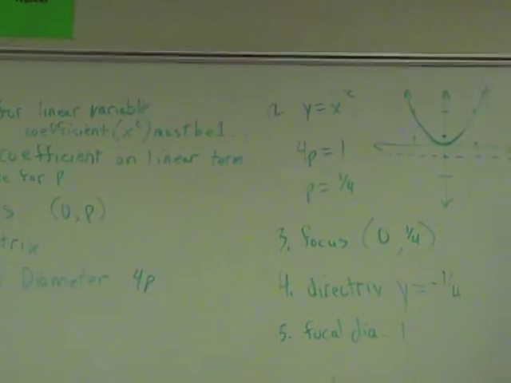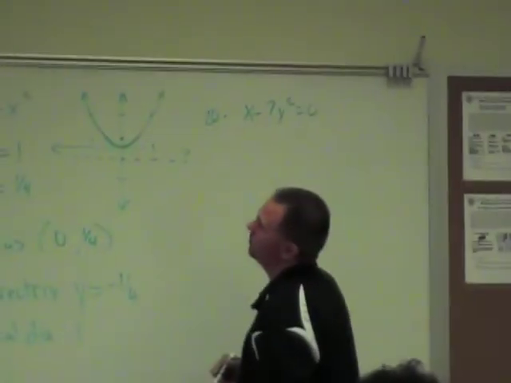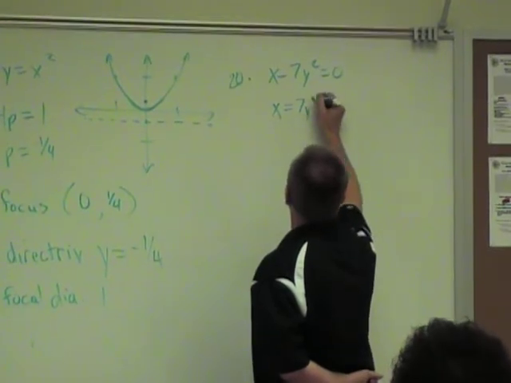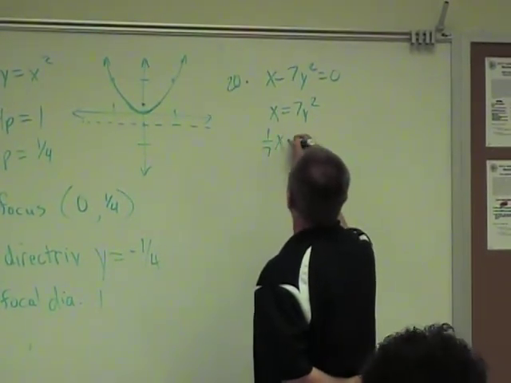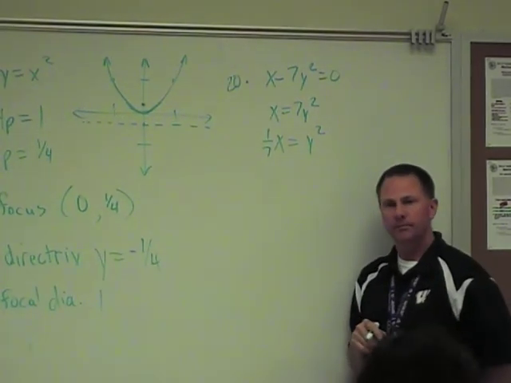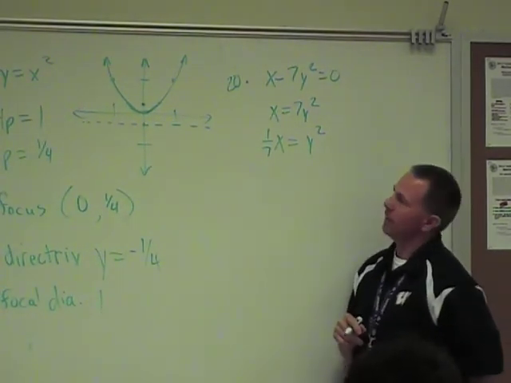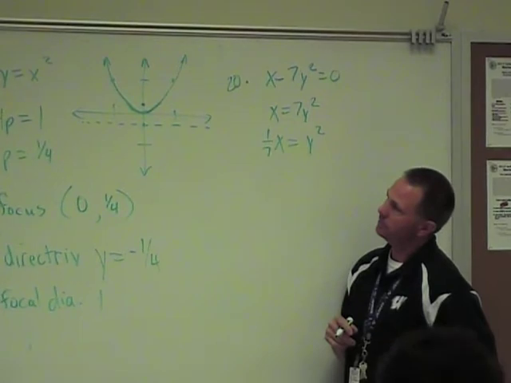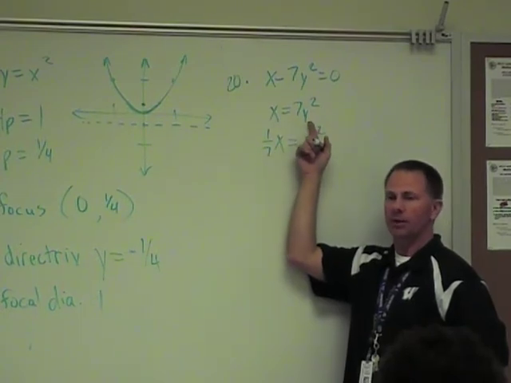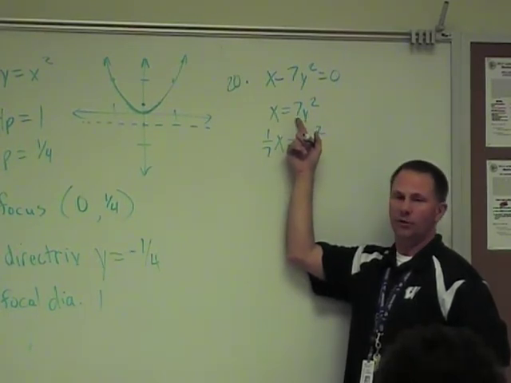Okay. I'll do step 1. You should be done with it by now. So that's what step 1 is. Get the y squared term by itself with a positive 1. So we solved for the linear term, then we got the squared coefficient to be a 1.